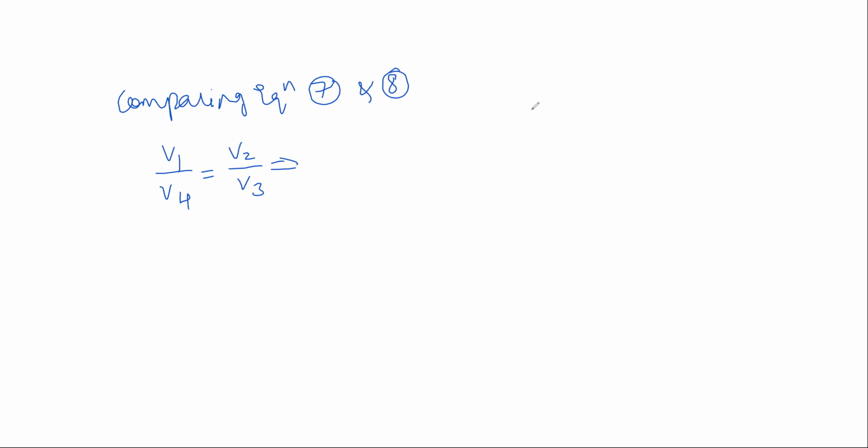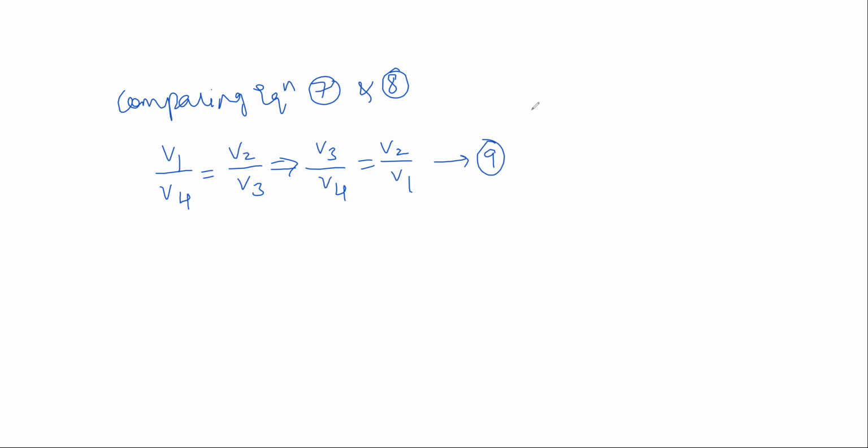After that, comparing equation 7 and 8, what happens? V1 by V4 is equal to V2 divided by V3, which implies V3 by V4 is equal to V2 divided by V1. Take this as equation 9.